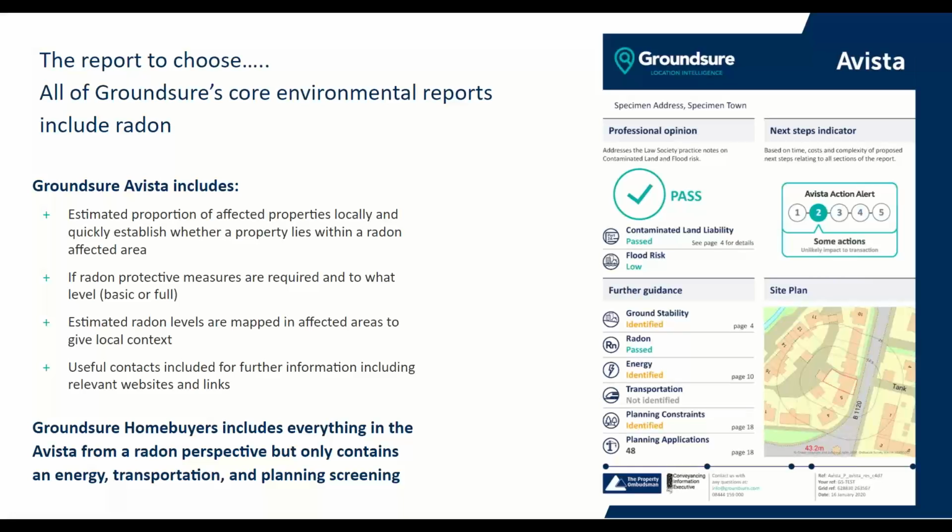We think it's important enough that it should be included every single time. That's also the same for commercial. So regardless of whether you're looking at resi or commercial, rest assured that radon is always included for you.